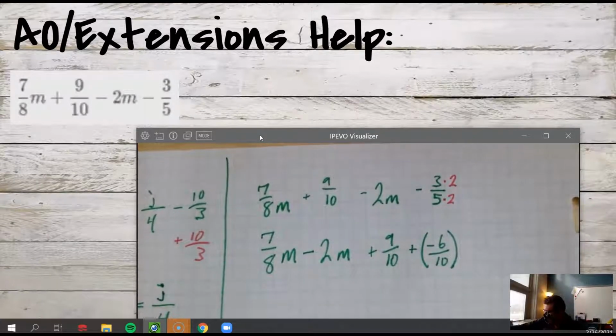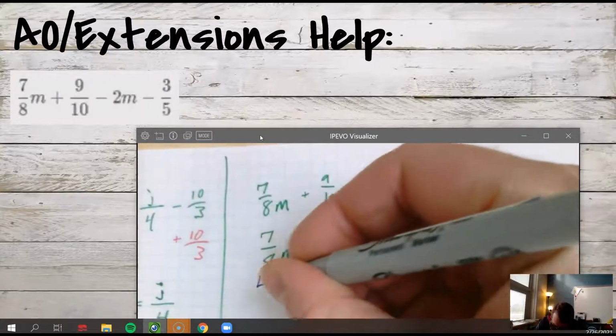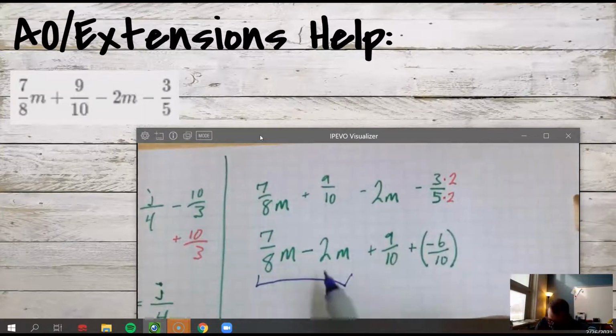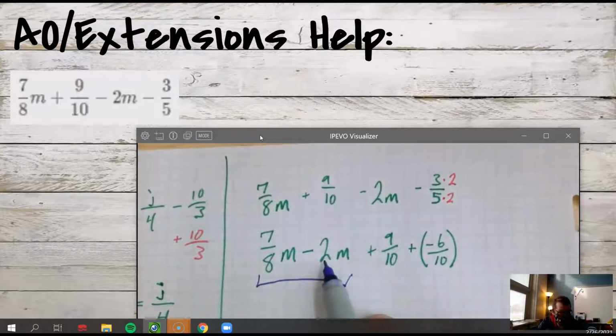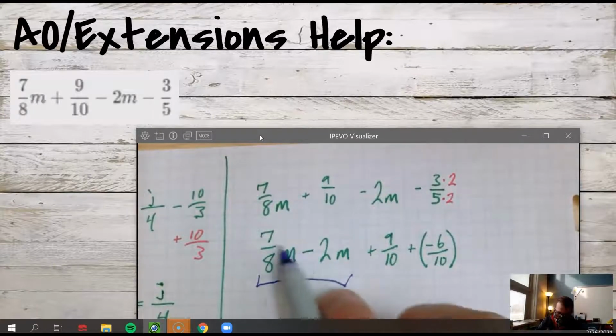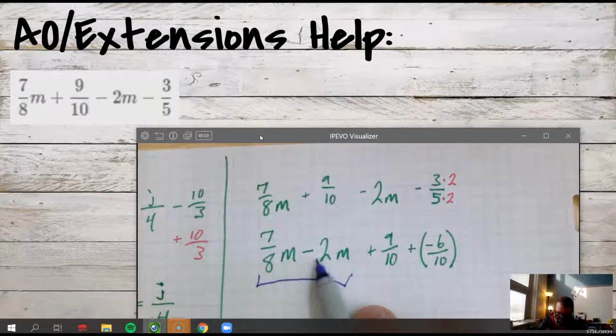I'm going to color code this part. I mean, like I color code everything. But the m values, I'm going to say, well, if I had a negative 2 and then I added 7/8, the negative is still going to win, and it still has 1 and 1/8 left.